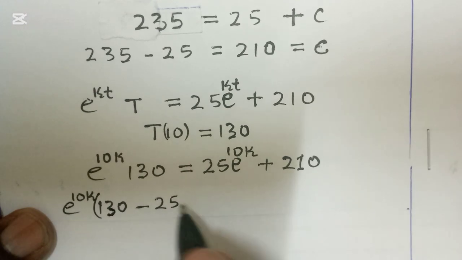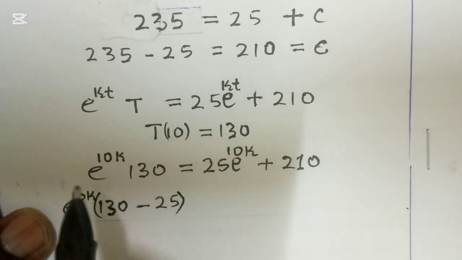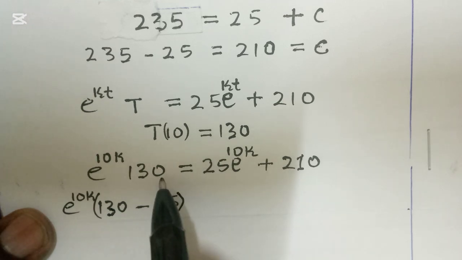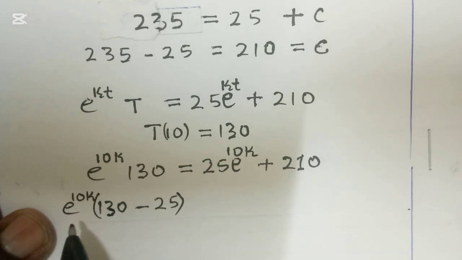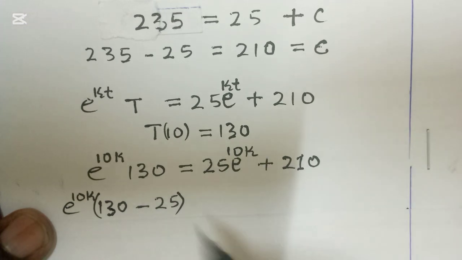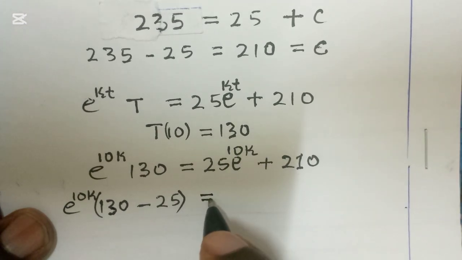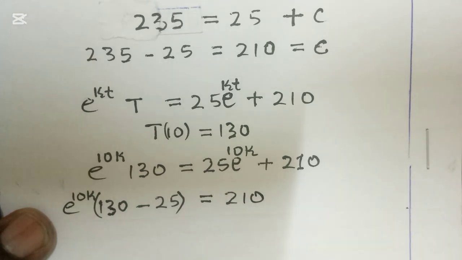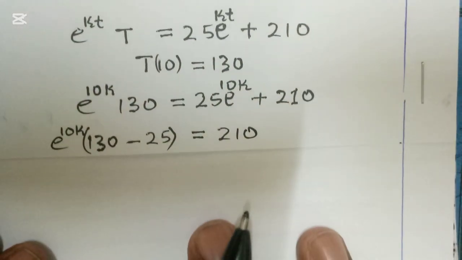Here I have factored out the e raised to 10k. I brought 25 to this side, but factored out e raised to 10k, because remember I said this is the e raised to 10k. This one now gives us 210. Like that. So guys, we continue.